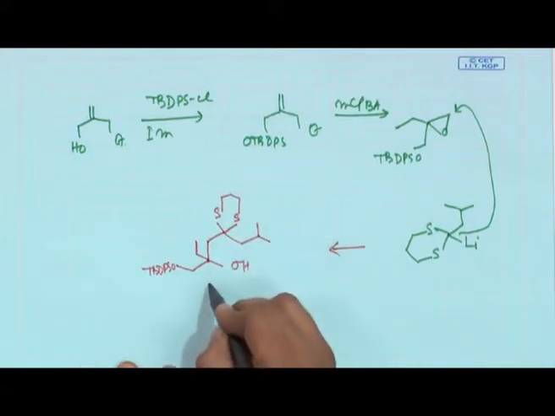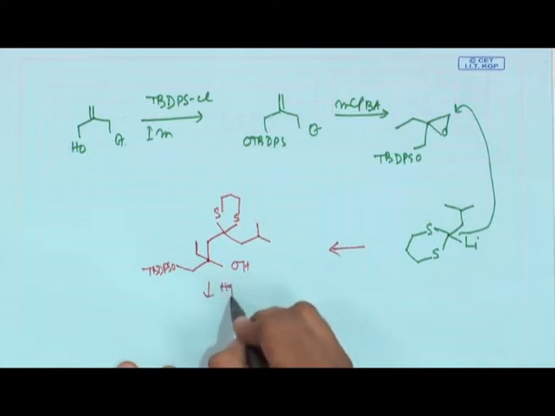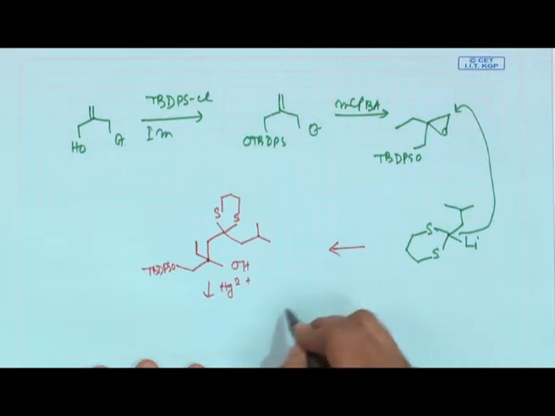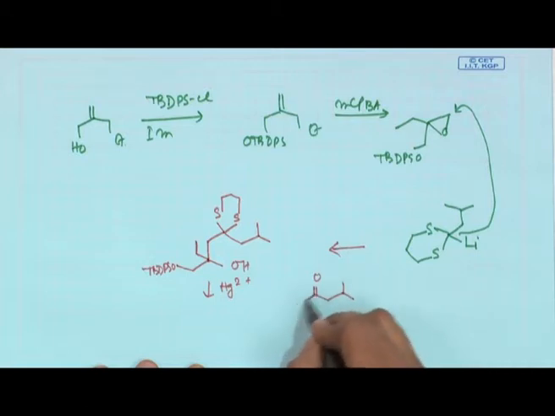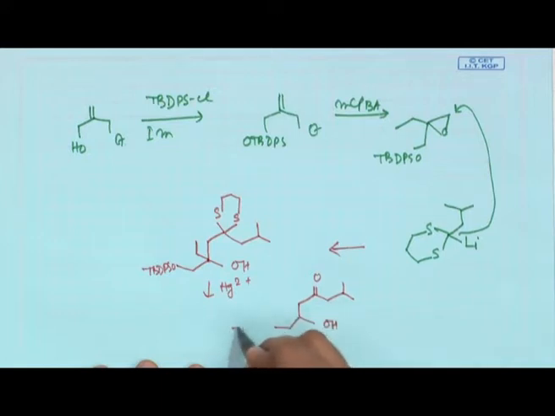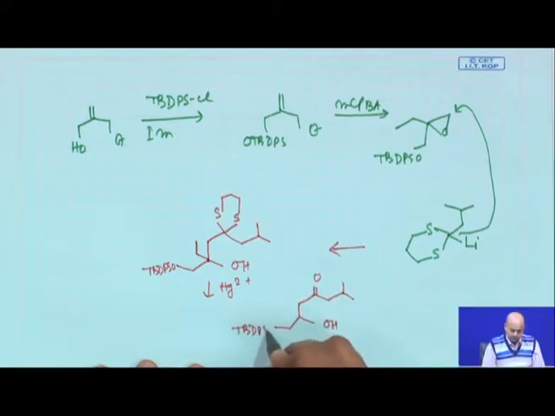So, now you just need to demask this protecting group by Hg2+, and then you can access your product very efficiently. So, your TBDPSO and your ethyl group.